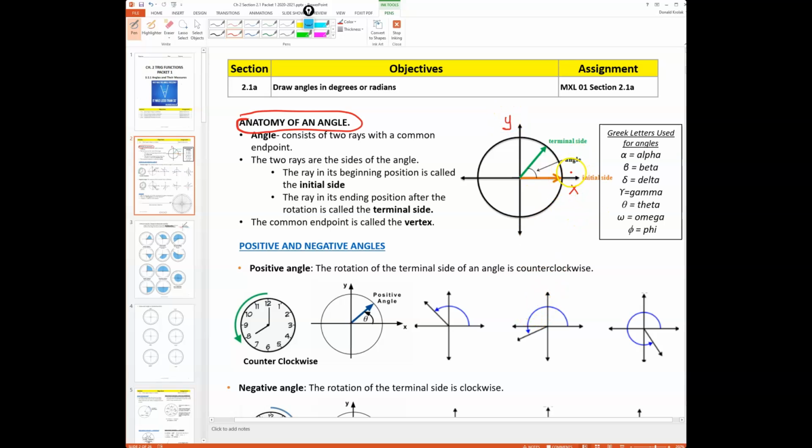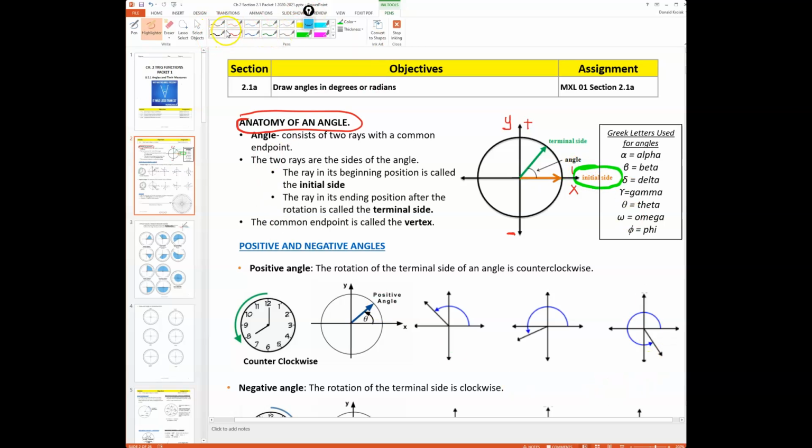All right, this would be the positive x-axis, negative x-axis, positive y, negative y. So an angle drawn in standard position will always start on the positive x-axis. It'll always start here. And we call that the initial side.